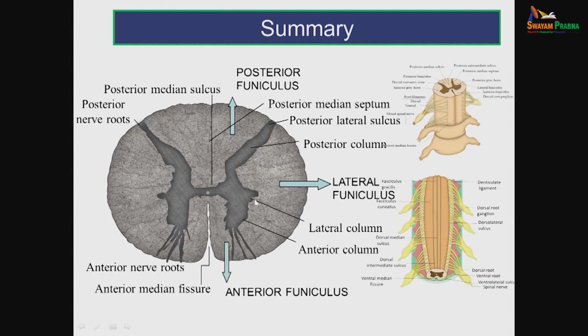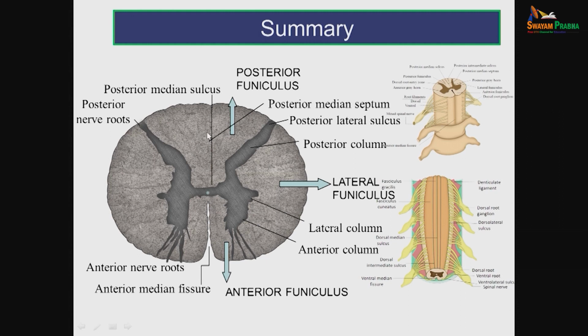On an internal cross section of the cord, we studied that the grey matter is H-shaped. We said grey matter is composed of nerve cell bodies, neuroglia and blood vessels. The predominance of neuronal somata gives the greyish appearance. We talked about 2 ventral grey horns, 2 posterior grey horns, and a central area and a grey commissure which is traversed by the central canal.